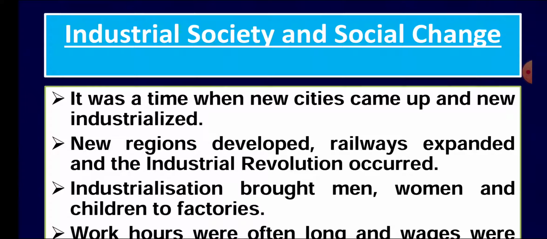Let's discuss the second part of this chapter, industrial society and social change. When I started this chapter, I told you the definition of revolution: when an old regime or the old social order is overthrown by the people.